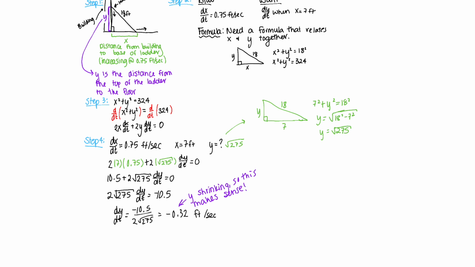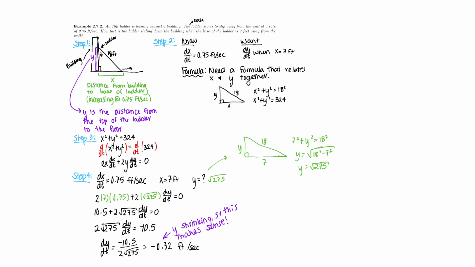However, the question itself asked how fast the ladder is sliding down the building. And if someone's like, how fast are you going? Or how fast is that ladder sliding down the building? You're not going to give a negative answer. That wouldn't make sense, right? In answering the question, it wouldn't make sense to say it's sliding down the wall at negative 0.32 feet per second.